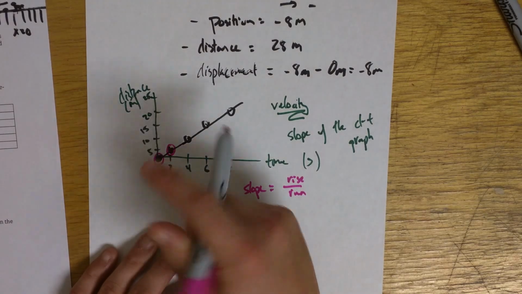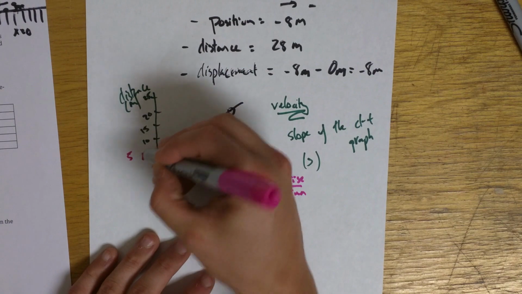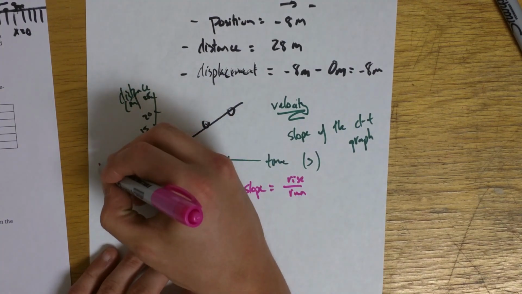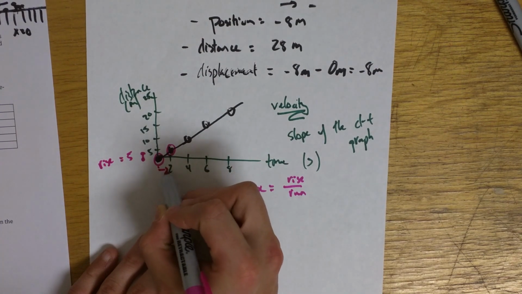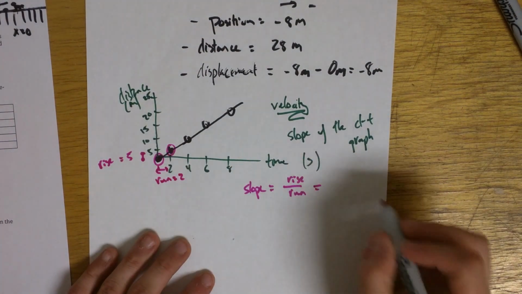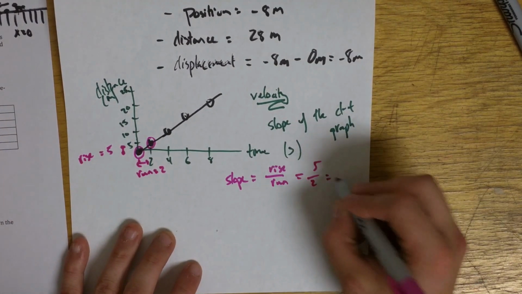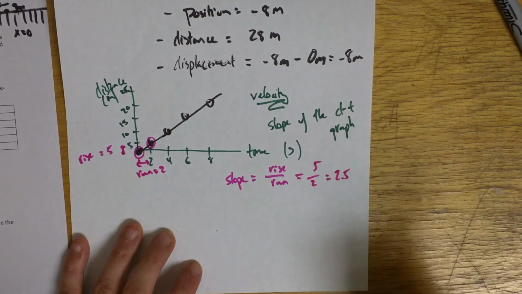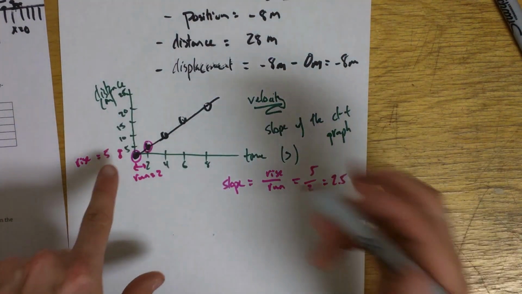So I first figure out my rise. I go from 0 to 5, so my rise is 5. My run, I go from 0 to 2, so my run is 2. I can start to put this into my slope equation. Rise is 5, run is 2, that is 2.5, and the units are what I started with here.